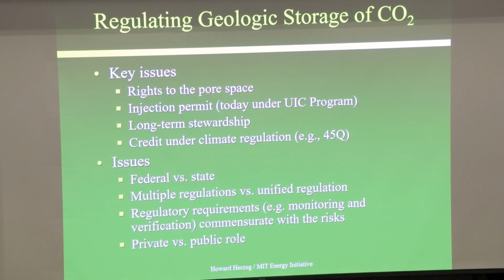Like in Florida, they inject a lot of wastewater in the ground. Those are Class 1 permits. And they created a new class for CO2 injection wells called a Class 6 permit. So when we talk about some tax credits later on, to get those and inject in the ground, you're going to need these Class 6 permits from the EPA.